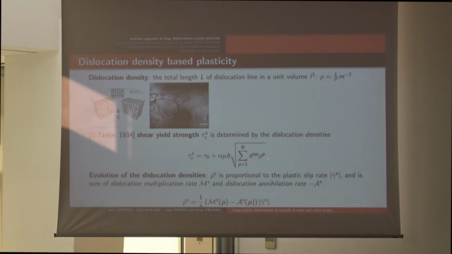Otherwise, it depends on this dislocation density, which is one of the parameters used. Now, as you see, it's too complicated. There are too many equations, too many things, and not because nature is very complicated, but we are not able every time to understand. That is why we have to simplify the model such that we can understand something.